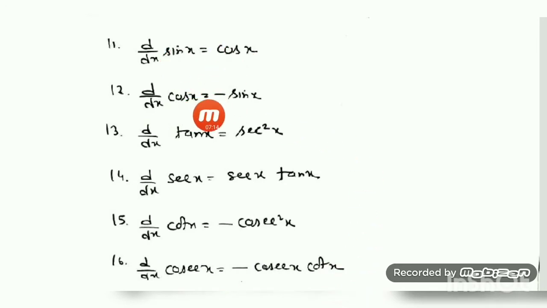Sin becomes cos, cos becomes minus sin, tan gives you sec square, sec gives you sec x tan x. The reciprocals are similar, you can remember it. It is sec square, it is minus cosec square. And also you can remember one thing: when the trigonometric functions start with c, cos, cot, cosec, the results are negative. So try to practice it, read it, then it is easy for you to remember.